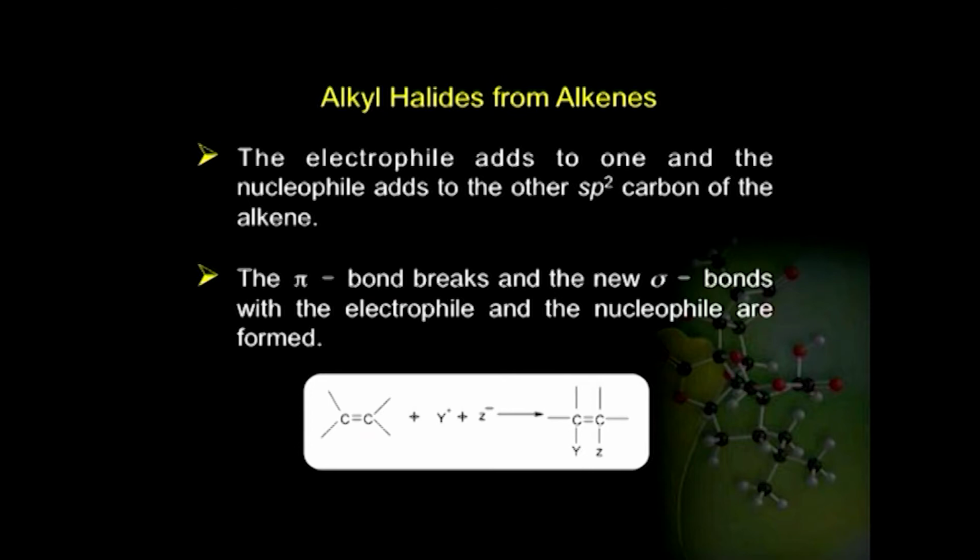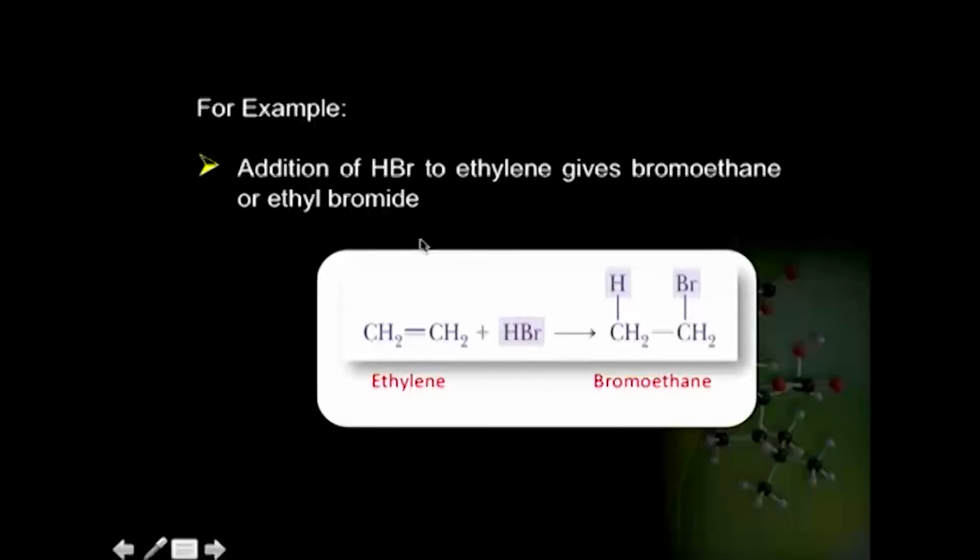In the first step actually the pi bond breaks and the new sigma bonds with the electrophile and the nucleophile are formed. So, both the ions are attached to the alkene and we get the formation of alkyl halide. An example of addition of HBr to ethylene to give bromoethane or ethyl bromide can be seen here.